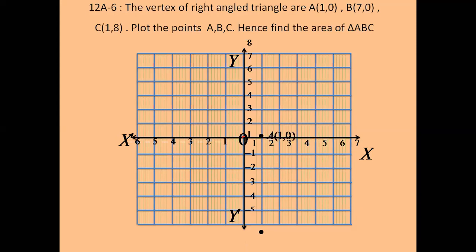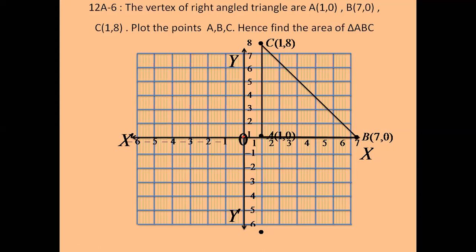Then plot the points. The first point is (1, 0), so it will be here at 1 and 0. The second point is (7, 0), so it will be like that at 7 and 0. And the last point is (1, 8). So go through 1 and the 8 will be upper. Okay, now join the points.